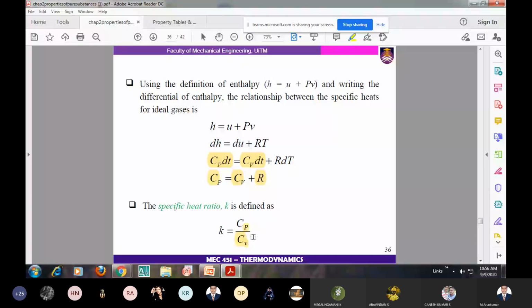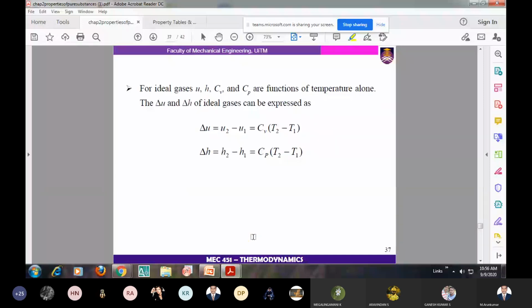Then for an ideal gas, specific internal energy, specific entropy, specific heat capacity at constant volume, and specific heat capacity at constant pressure are functions of temperature alone.